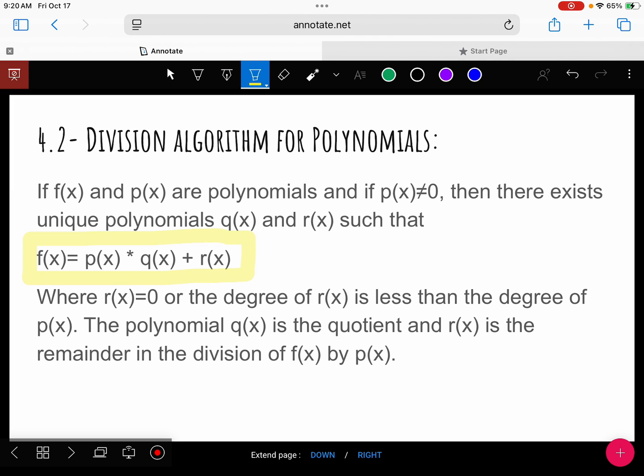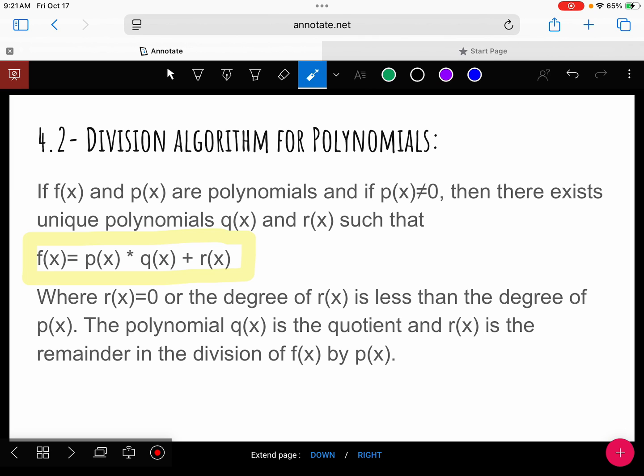So we're usually dividing it by a factor or by like a linear statement. It might be a quadratic statement. We're going to have a polynomial and we're going to divide it by something. Dividing it by p is what we're calling that. And it's going to give us our quotient, which is the guy that's like on top if we do long division, and a remainder, anything left over that we couldn't divide out. And we're going to be finding q of x, which is our quotient, the result of division, and r of x, which is our remainder.